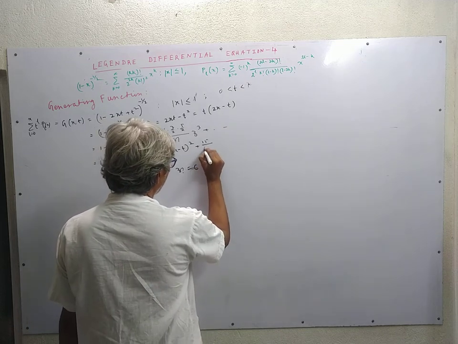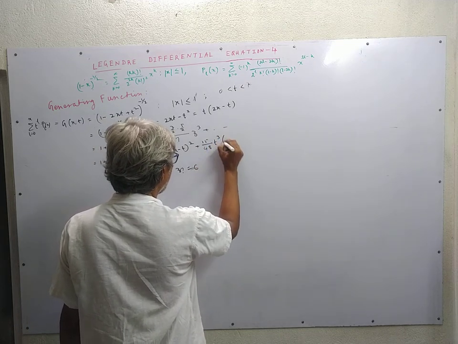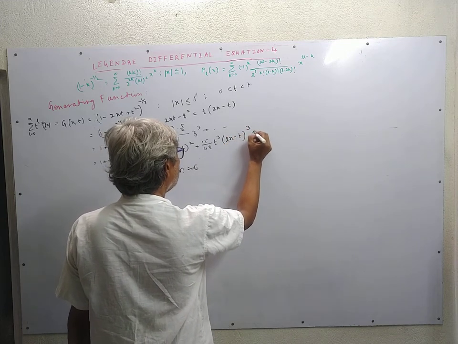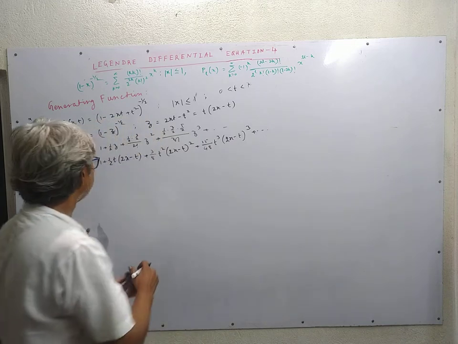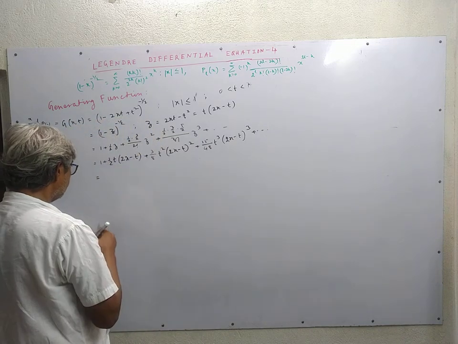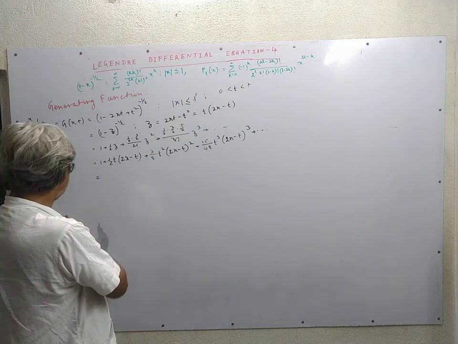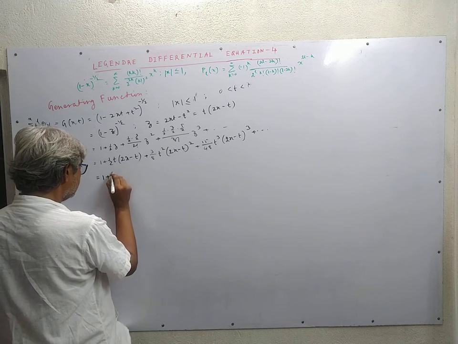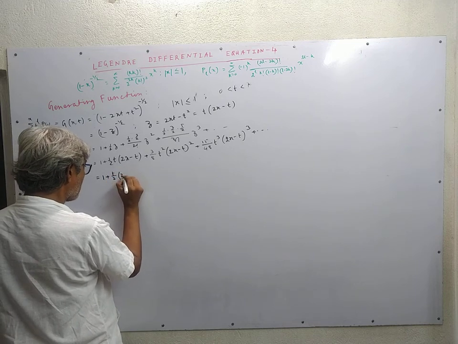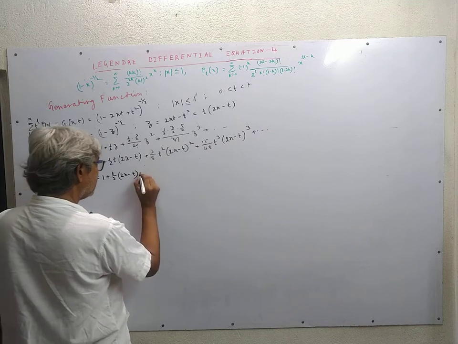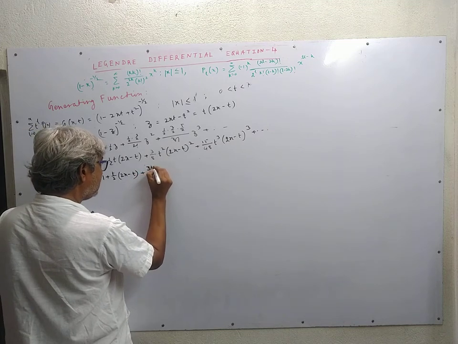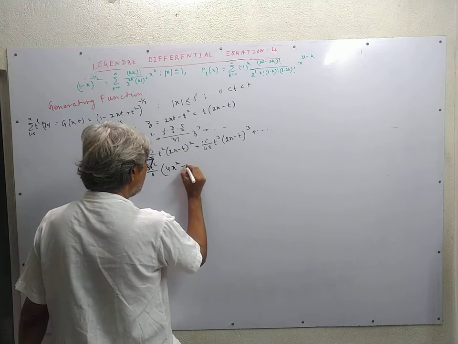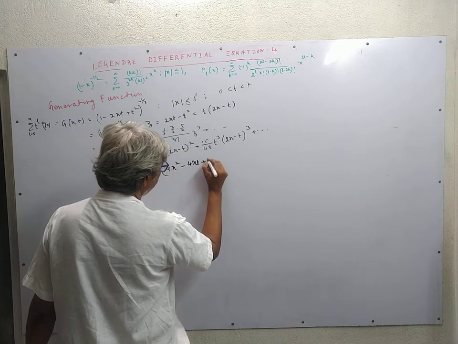So 6 into 8 is 48. This term is 3t square by 8, and we have 4x square minus 4xt plus t square.